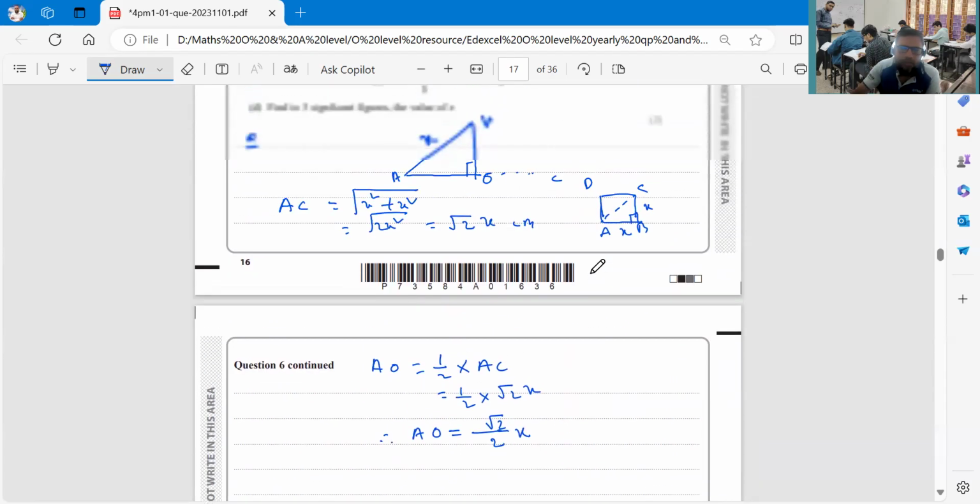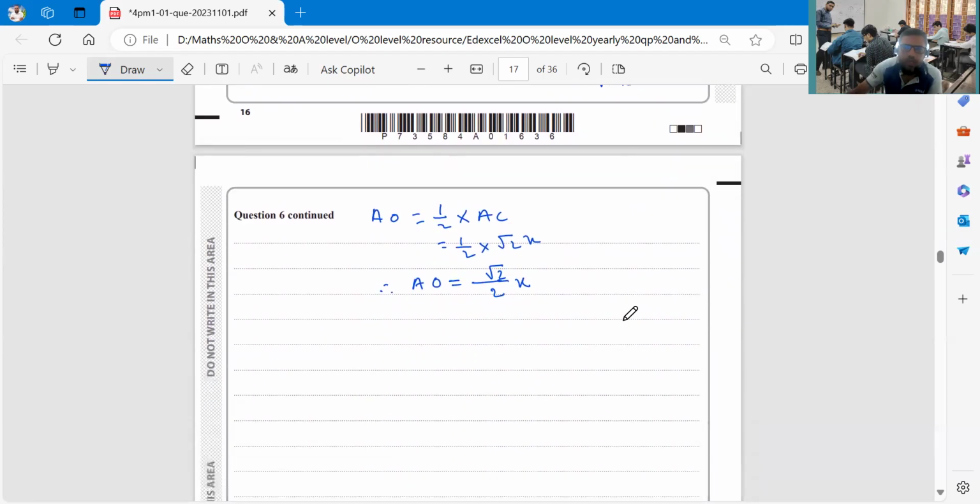Now, if you see the diagram, you'll get AO and you'll get AV, and you'll easily get VO. So I can draw it again here. This is 90 degrees. This is O, AO, this is V. And we need to find VO.